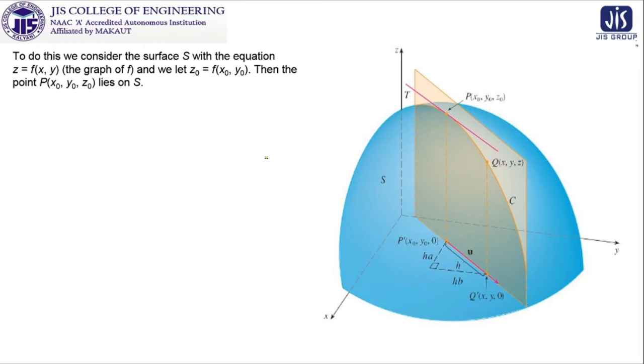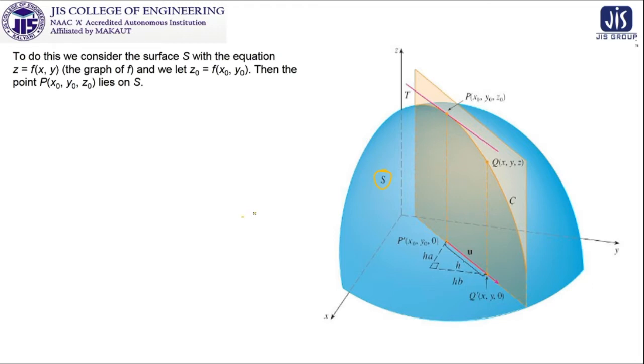What we are doing, this is our surface S. So you have to consider this blue thing as our surface S, and the equation corresponding to this is z equals f of x, y. That means it is our graph of f.